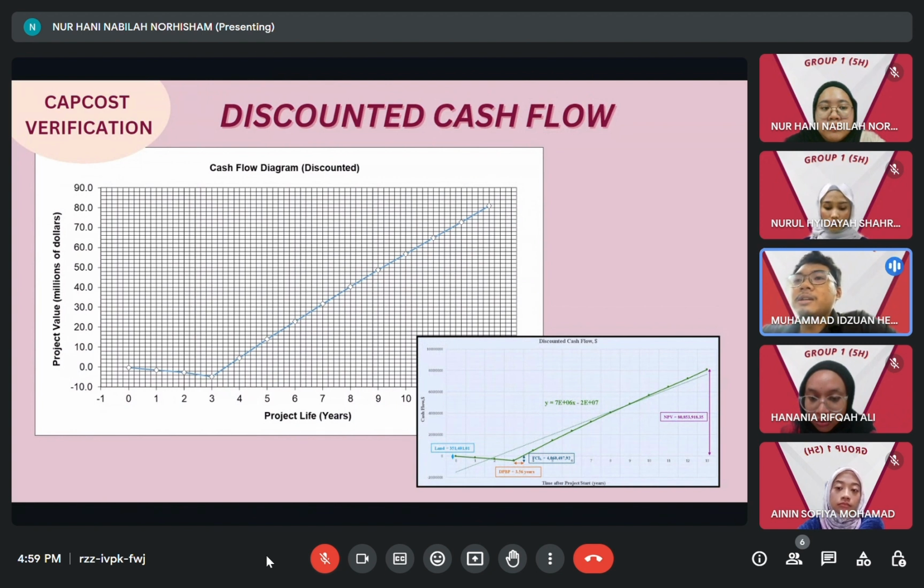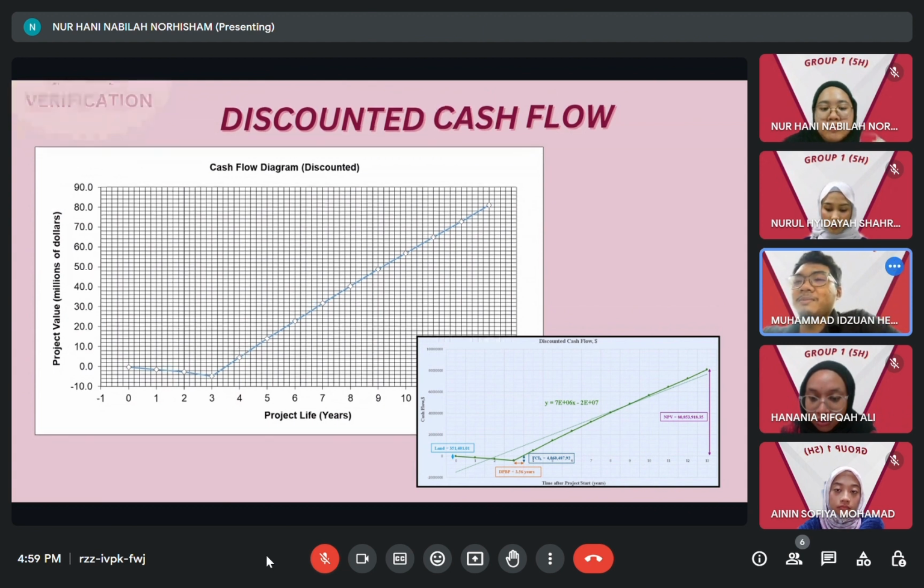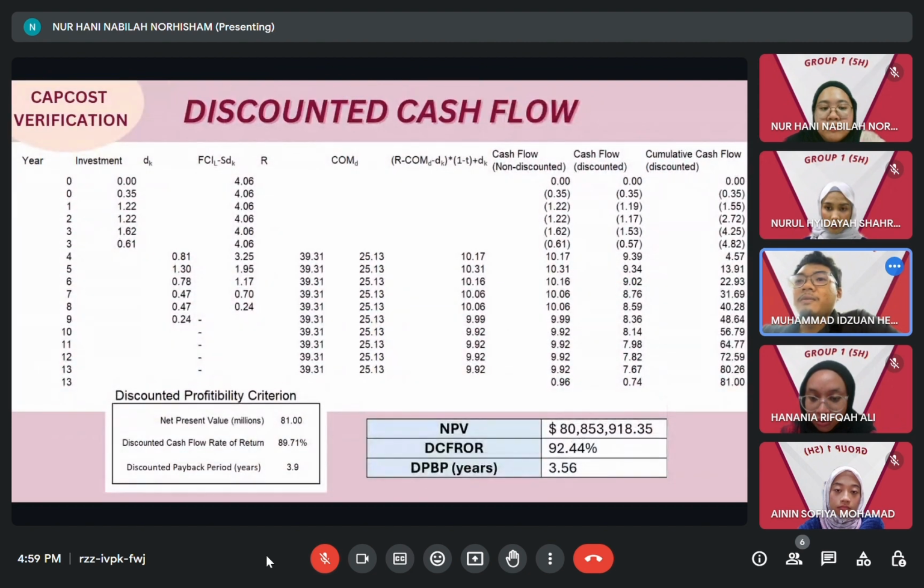Okay, for the cap cost verification, we can see that the cap cost and the manual interpretation are nearly similar. Okay, from the cap cost calculation, the net present value is 81 million, the discounted cash flow rate of return is 89.71%, and the discounted payback period for the cap cost is 3.9 years.